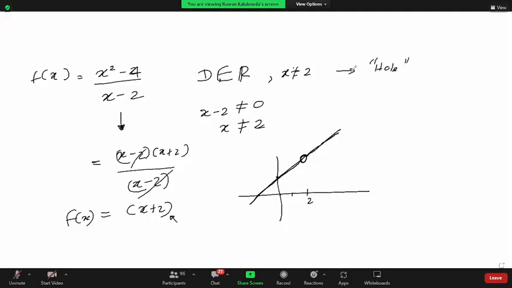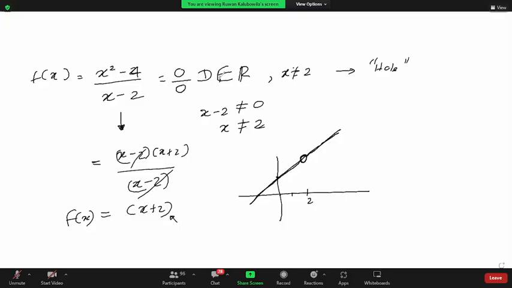We do not meet this kind of situation each and every time when talking about rationals. This is a special case. So how do we identify that this is a hole? We can apply the critical number, or domain issue number, to the function and see what happens. If we apply the number 2 here, 2 to the power 2 means 4, so the numerator is 0 and the denominator is also 0.